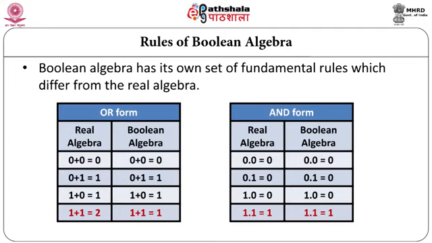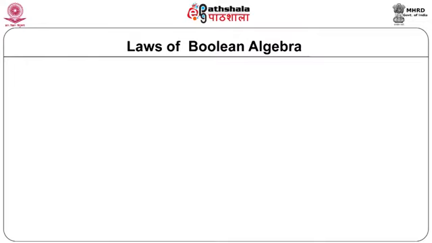The product term is equal to 0 when one or more inputs are 0. Similar to real algebra, the Boolean algebra also possesses certain well defined rules and laws. Let us now discuss the most important laws of Boolean algebra.